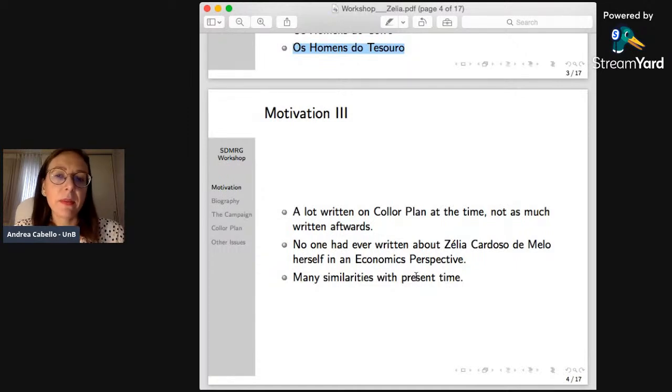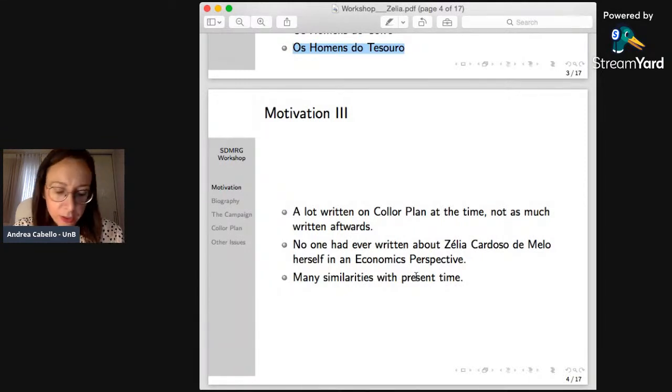But it's mostly seen as something peculiar to the time, something retained and specific to that moment. Nobody had ever written, from an economics perspective, about Zelia herself. We have the Sabina book, which was written right after she left office, but nothing really academic on her.